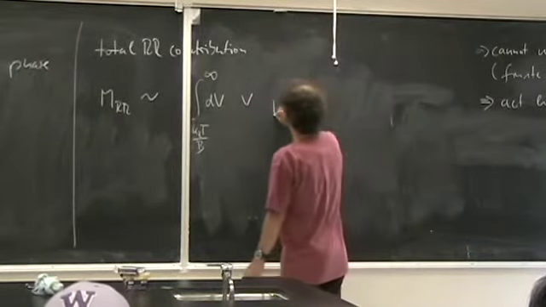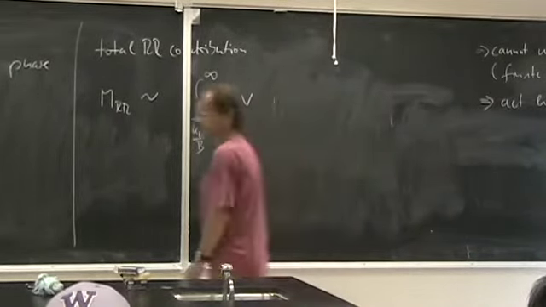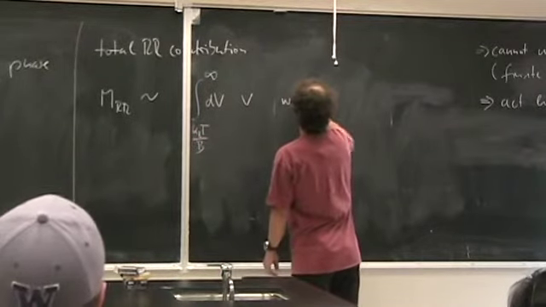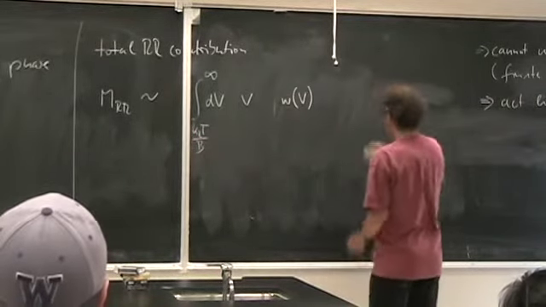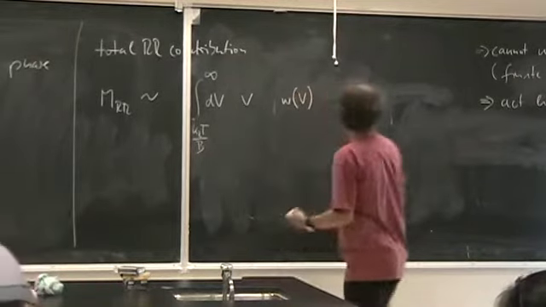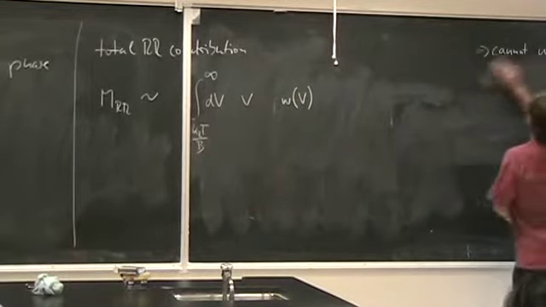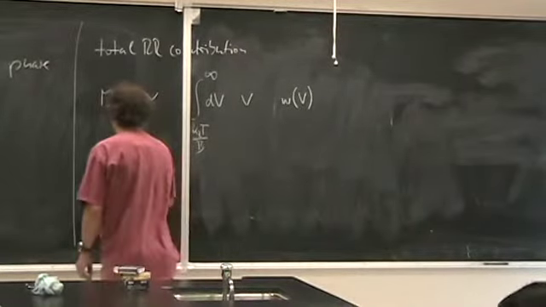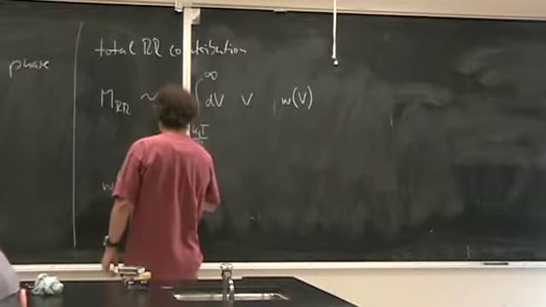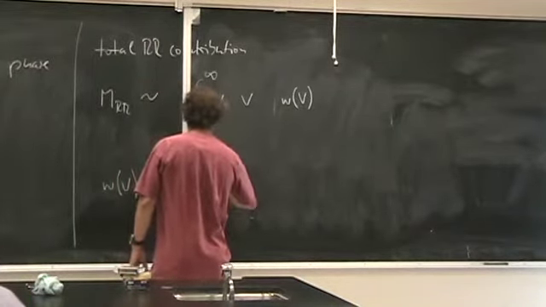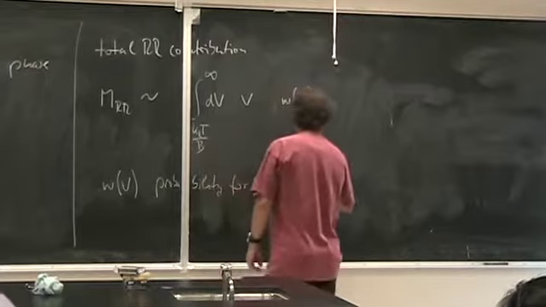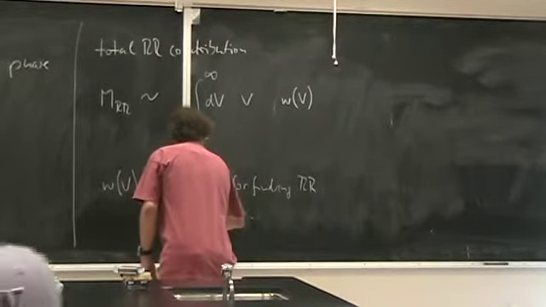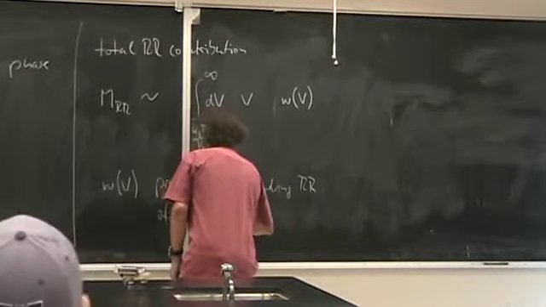So we need some W of V. W of V is the probability for finding a region of volume V.